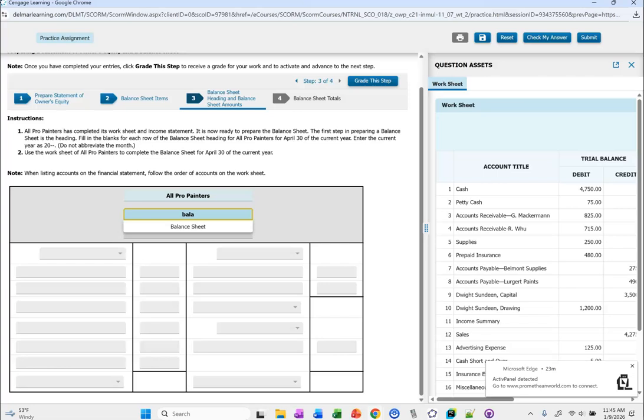Yes. And then the line after that? Yep. Okay. Our first drop down then should be assets. And our second one should be? Okay. Our first asset we list is? Cash.